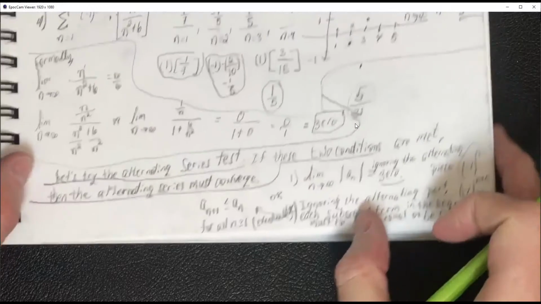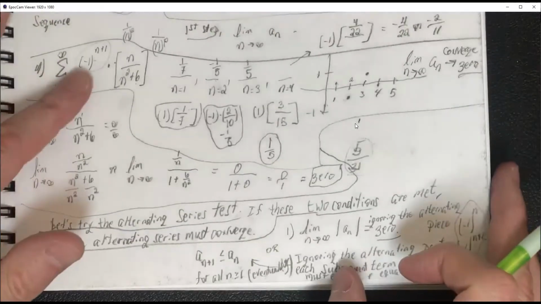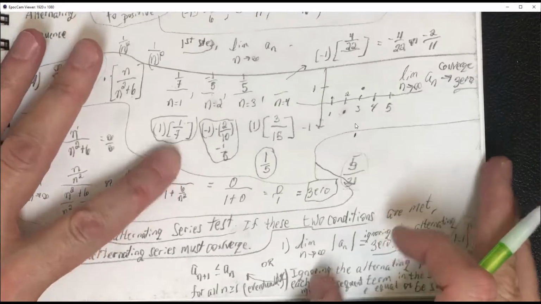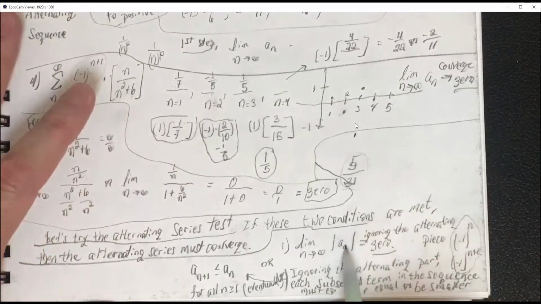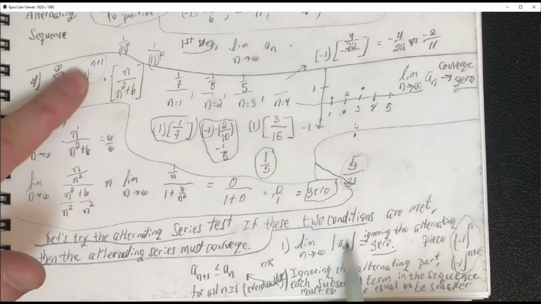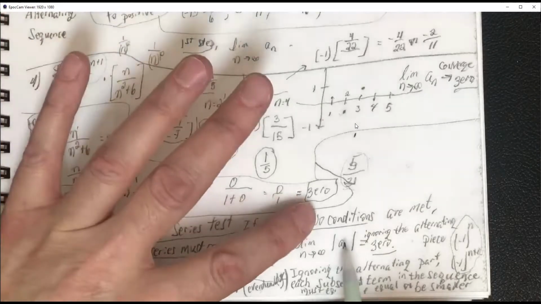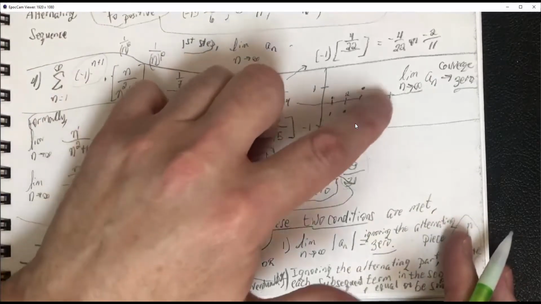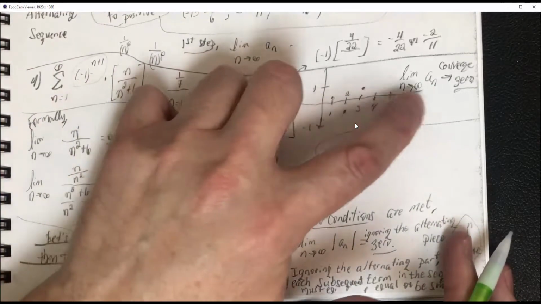Okay, so what we have to do then is we did the first step. We took the limit of the individual terms, ignoring the alternating part, and we did get 0, which means these terms, even though they're alternating, are getting closer and closer to 0.